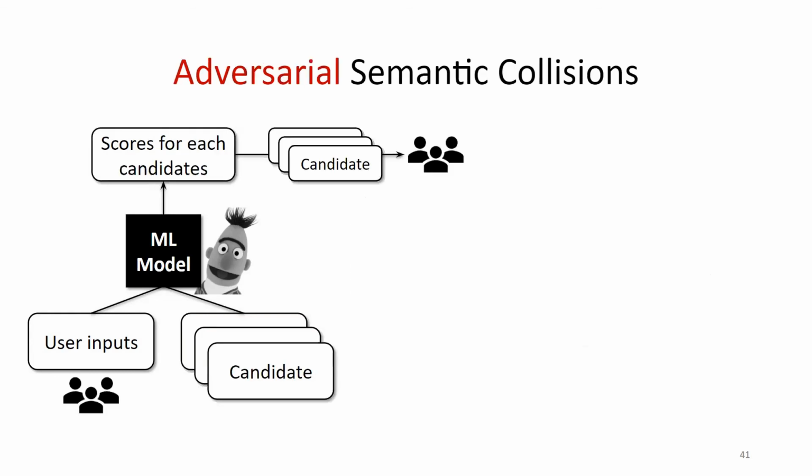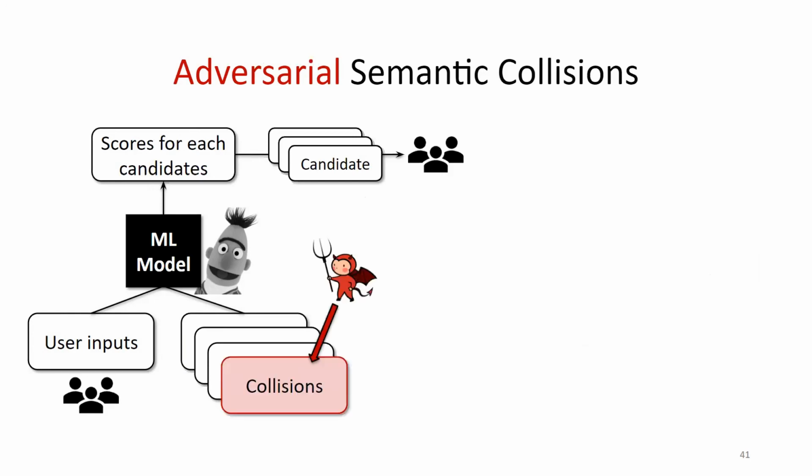Let's imagine an adversary who can generate these collisions for certain user inputs, and then insert them into the set of all possible candidates. When the model sees the attacked user input again, it will assign a very high similarity score to these collisions, and they will be the candidates that are retrieved and returned to the users.